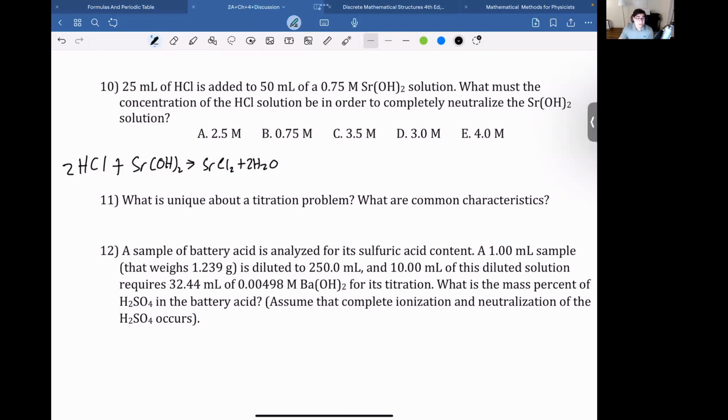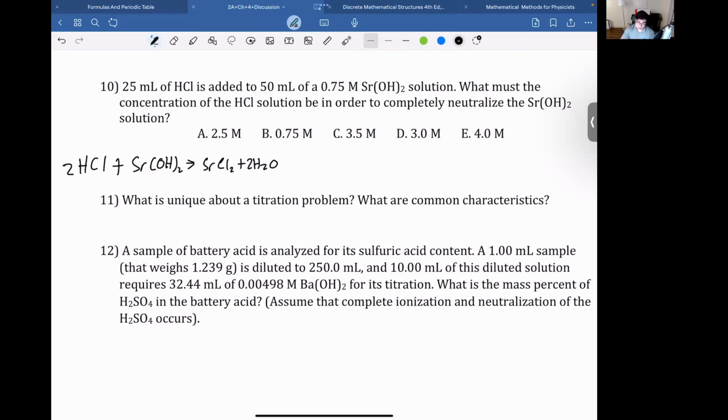That is the balanced chemical equation. So you can clearly see here, we need 2 moles of HCl for every 1 mole of strontium hydroxide. And it makes sense because the H plus pairs up with the OH minus, and there's 2 OH minuses, right? So you need 2 H pluses, and they form water.